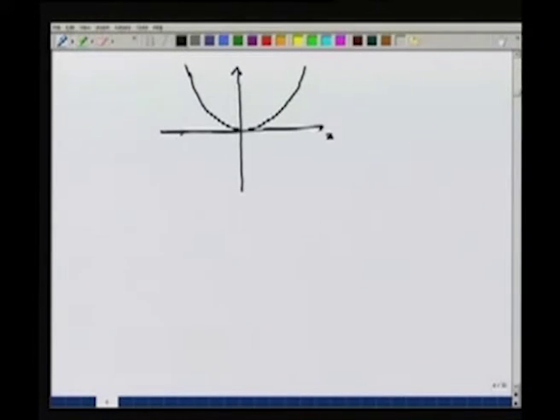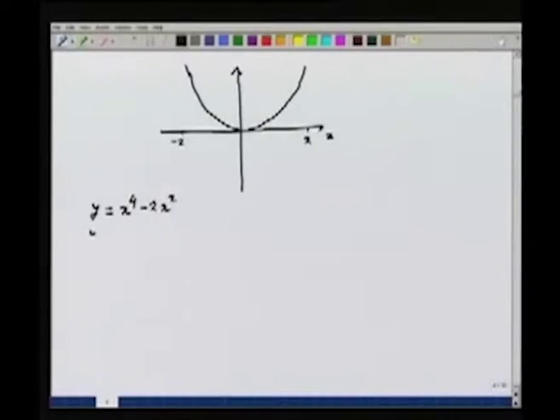This is minus 2, this is 2. Now I concentrate on the next curve, which is y equals x to the power 4 minus 2x square. Notice that this is also an even function, so this curve is also symmetric about the y-axis.